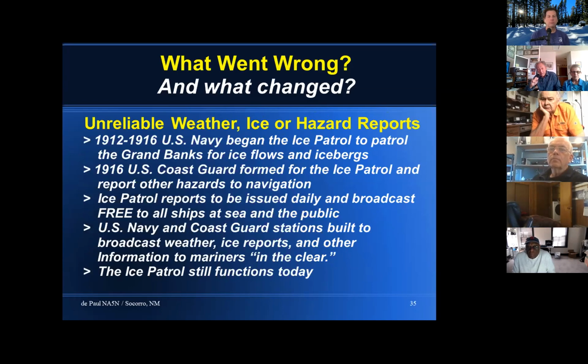These are the changes that we started getting more information out to the boats, broadcast more freely, and again, we had more coverage of the ice patrol, and a lot of that we're doing by satellite now, of course, and various means of getting the weather and the conditions out to the traffic primarily in the North Atlantic, but also in the Pacific now, because we have very significant storms there.